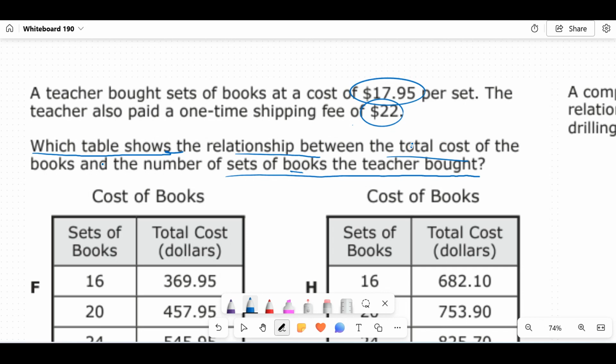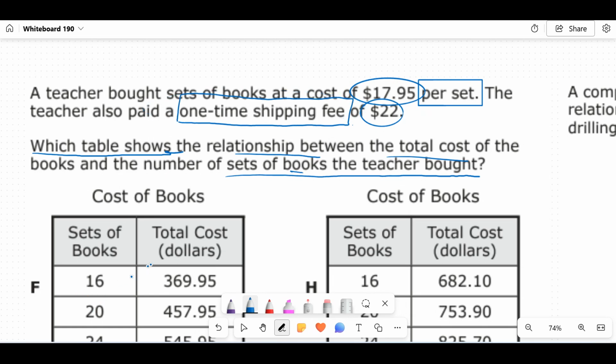Now, the next one is to box any of our key words. So when we're taking a look here, words that are key to what we are taking care of here, things like per set. The teacher also paid a one-time shipping fee. Put a box around that, not a circle.